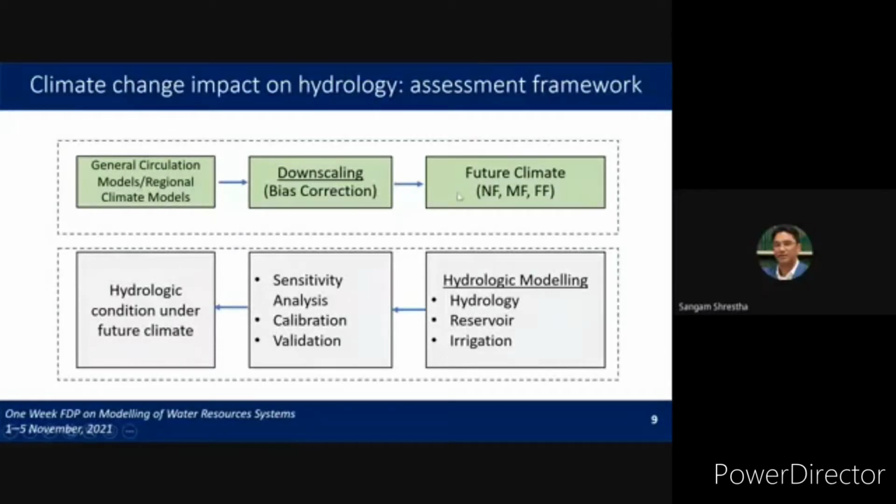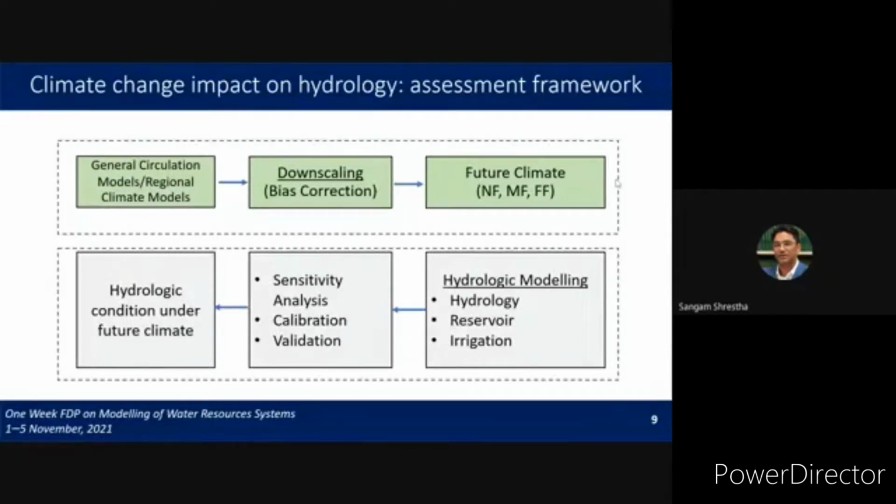Okay, so the modeling assessment framework here is a two-step process. In the first step, we construct the future climate scenarios, or in other words, we try to forecast, or project, how the climate will change in the future.